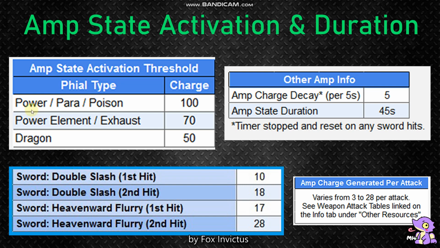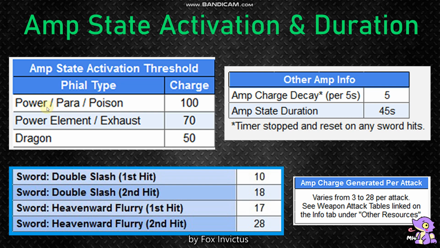We also have the power phial, which gives you a 17% raw buff, and the power element phial gives you a 45% elemental buff, which is also pretty cool.